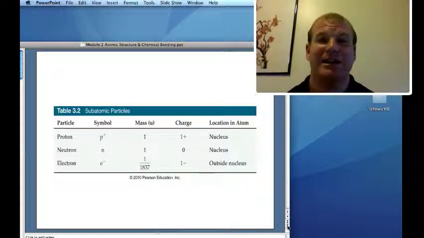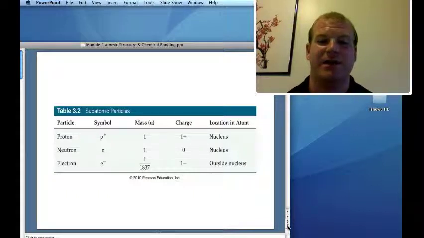Atoms are made of smaller things called subatomic particles: protons, neutrons, and electrons. Protons and neutrons are found in the nucleus. Electrons are found primarily outside of the nucleus. Electrons can be in the nucleus, but they typically do not spend as much time there. They tend to spend more time in the electron cloud surrounding the nucleus.